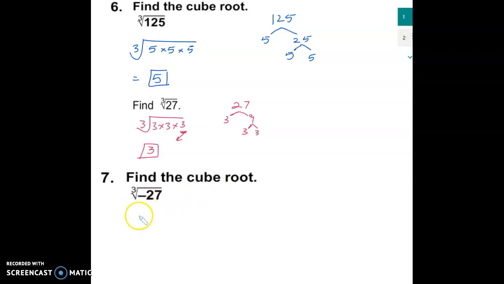I can write it this way: -3 times -3 times -3. The reason is negative times negative is positive, and positive times negative is negative. So -27 is possible when you have a cube root. My answer is one of the factors, which is -3. So the cube root of -27 is -3.